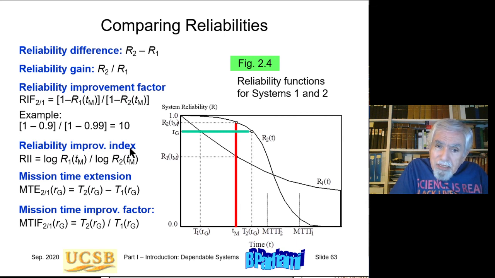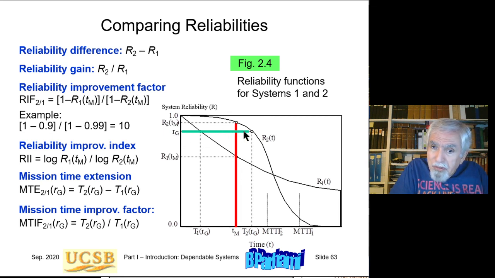The reliability improvement index has been defined as the ratio of the logs of reliability. And mission time extension basically says if we have a certain reliability goal, RG, this green line, then system 1 provides this much time. We can operate it for this much time before reliability drops below the acceptable level.